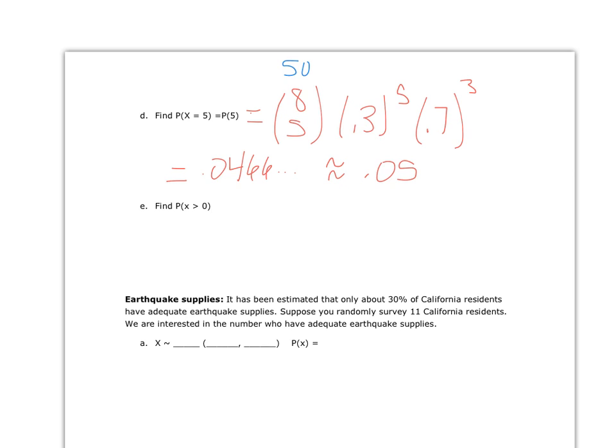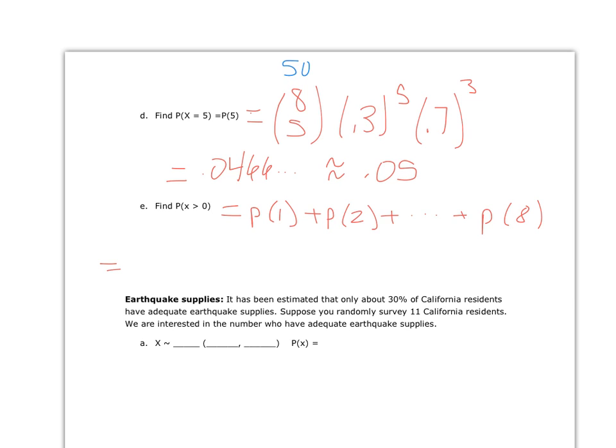Let's look at this next one. The probability that x is greater than 0. It looks like we're going to have to calculate the probability that x is 1 plus the probability that x is 2 plus all the probabilities up to and including 8.